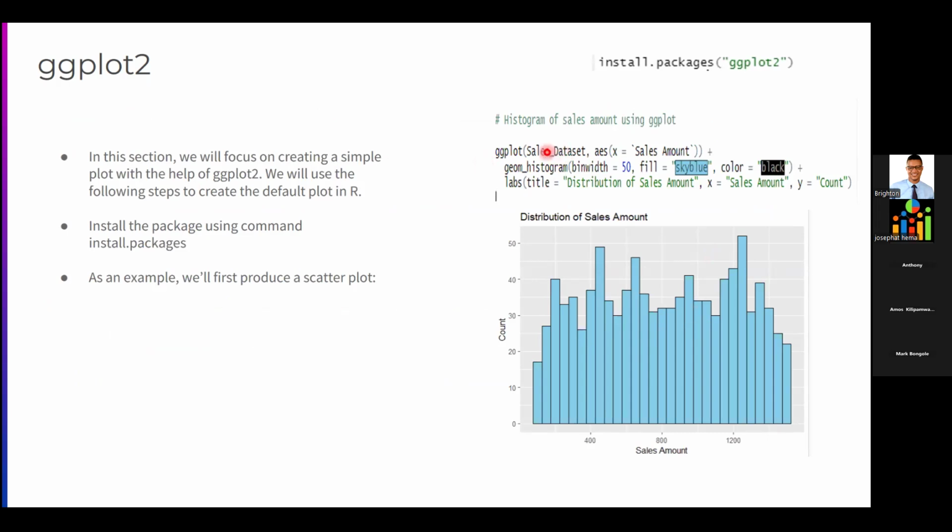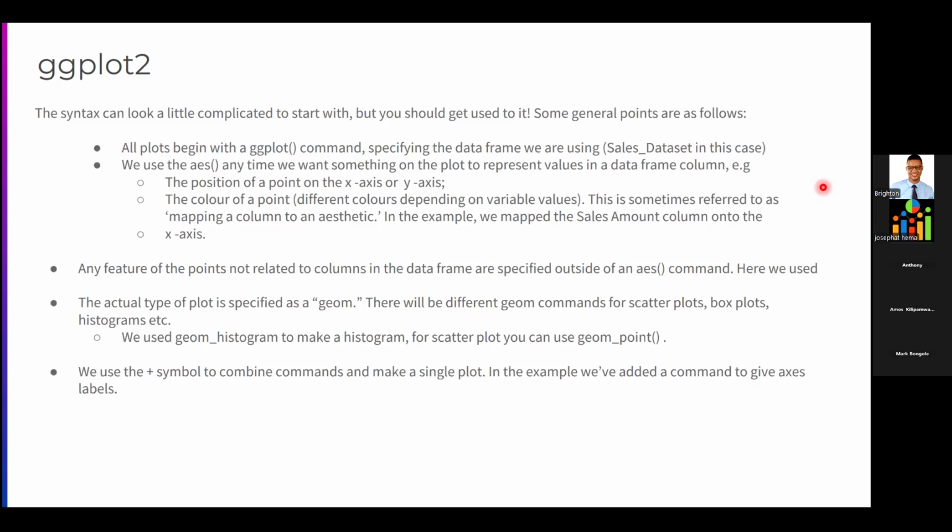You just need to replace the data set, replace the column, change these parameters if you want to, and change the title, change the x-axis, change the y-axis. So the basic structure of the ggplot for a histogram will always remain the same. That makes life easy. You wouldn't need to go back and rewrite the whole code again.